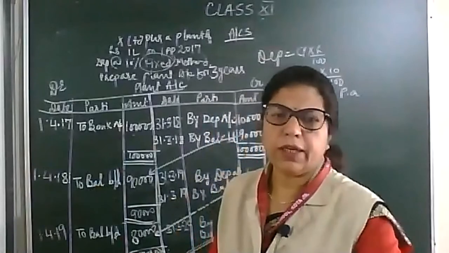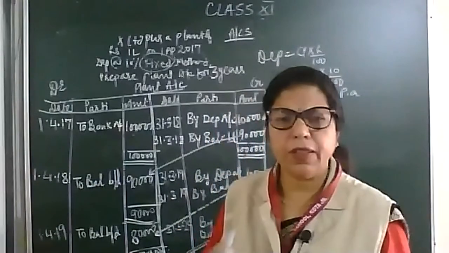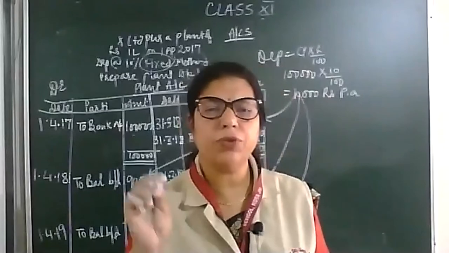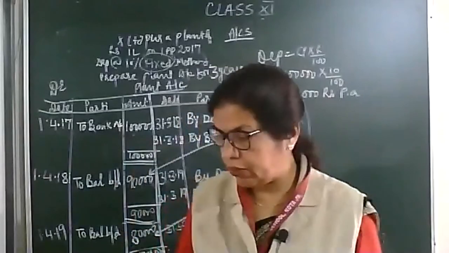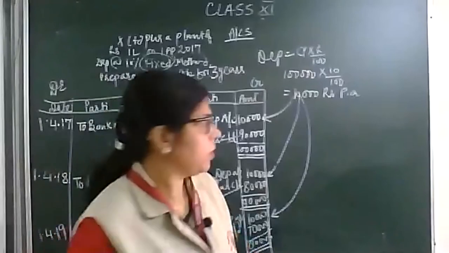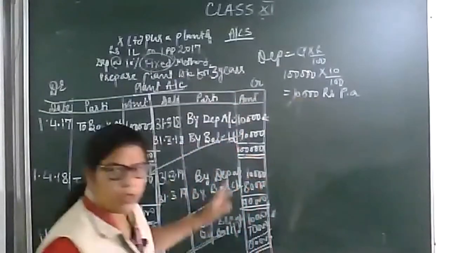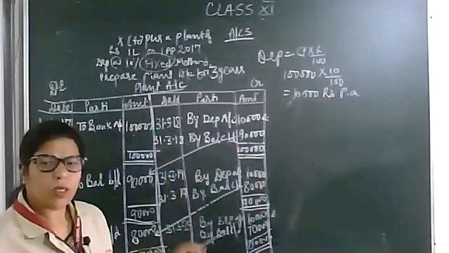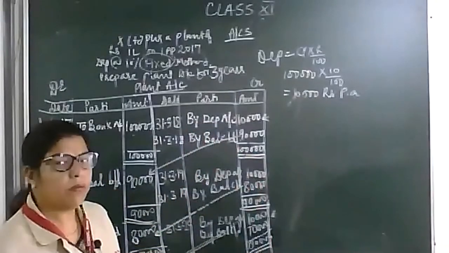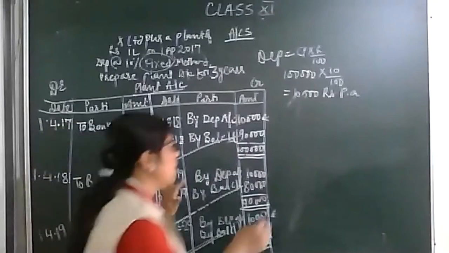Okay, one more thing I want to explain. If in the exam they ask you to prepare the depreciation account, then how to do it? Did you note it down? Okay. Now see, one more account you can do.